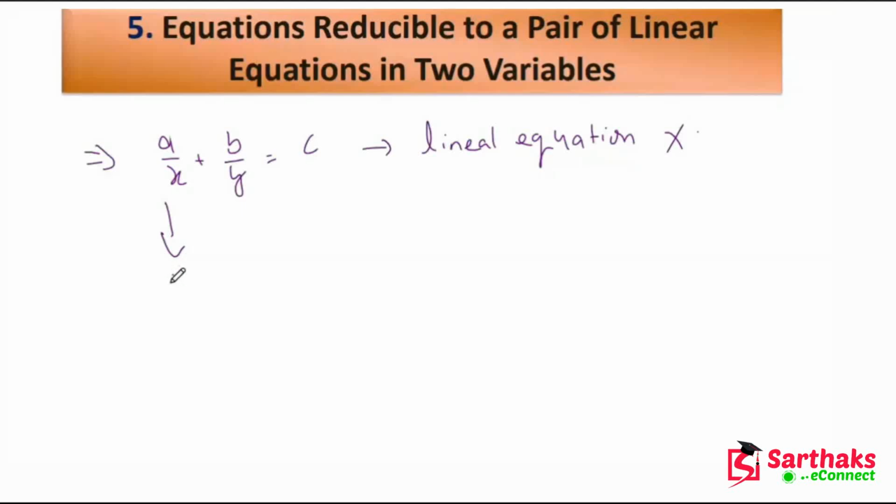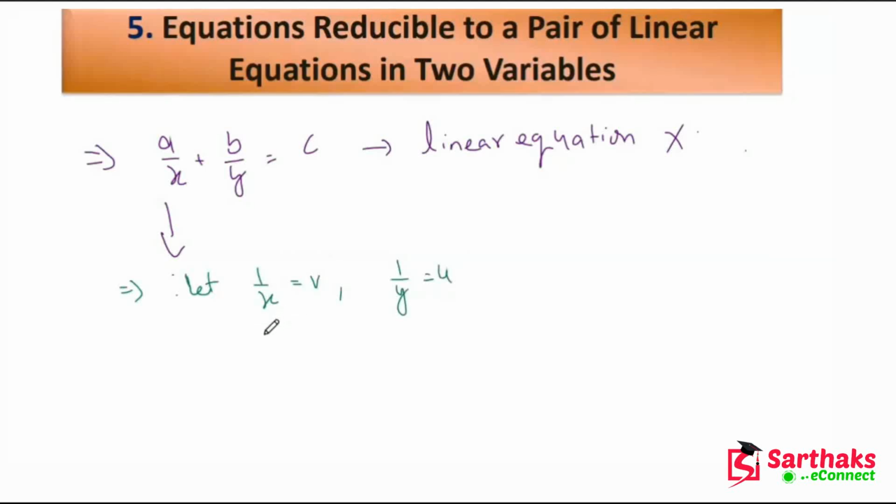Now, how can we convert it into a linear equation? There is a method like this. First of all, we assume let 1 upon x equals v and 1 upon y equals u.